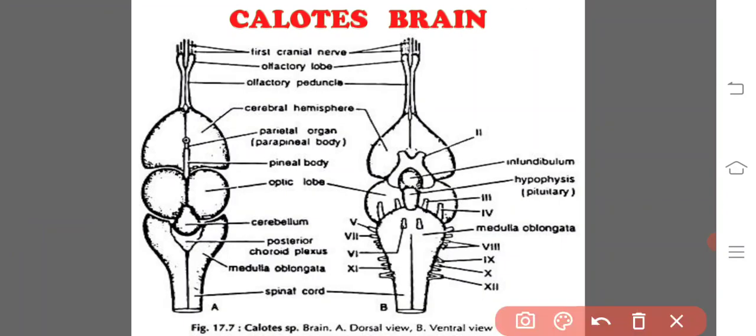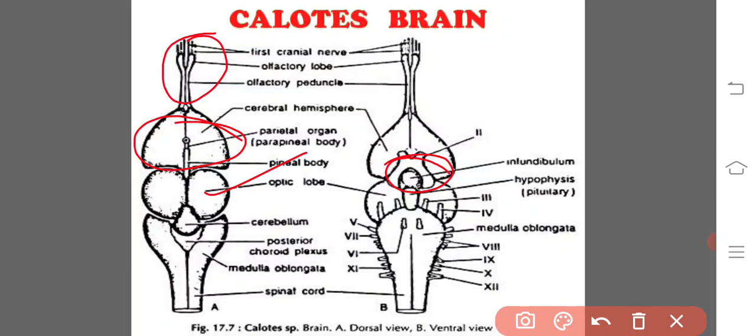See here, you can observe these are the olfactory lobes, cerebral hemispheres, and this is the diencephalon. Then followed by, in the midbrain, optic lobes and crura cerebri, which are nerve fibers embedded inside.